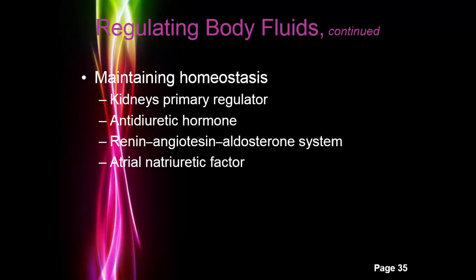Your atrial natriuretic factor is released from cells in the atrium of the heart in response to excess blood volume. It promotes sodium wasting and acts as a potent diuretic, thus reducing vascular volume. It also inhibits thirst, reducing fluid intake.